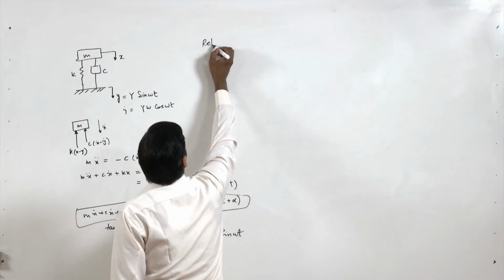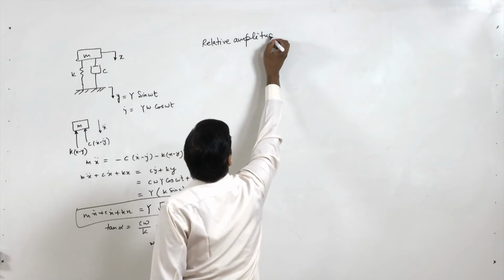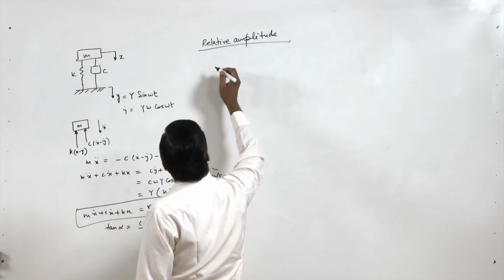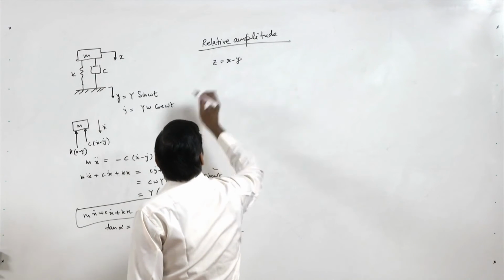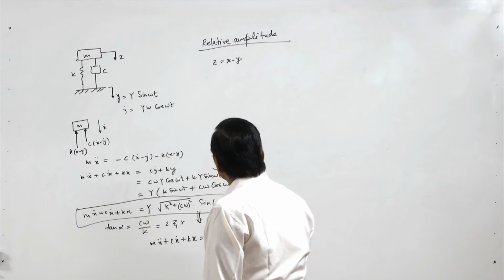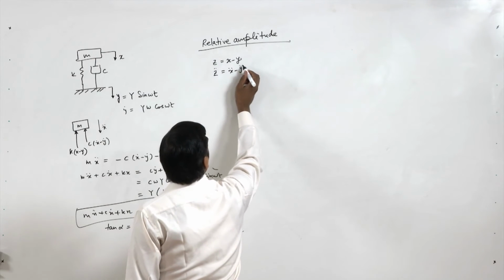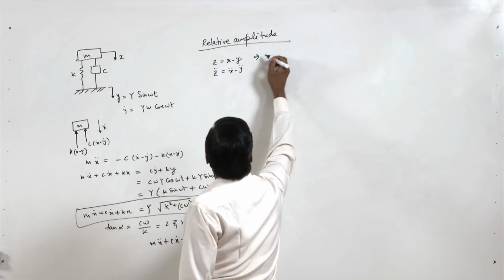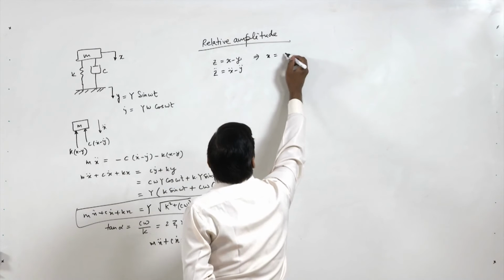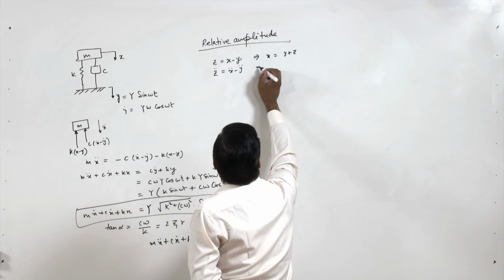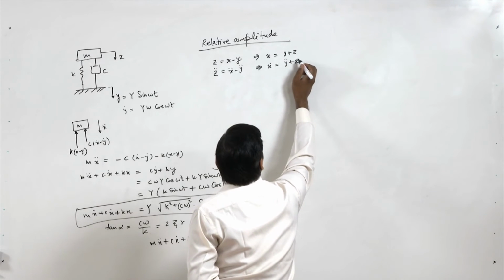Let's assume that z equal to x minus y. It means that z double dot equal to x double dot minus y double dot, and from here we can write x equal to y plus z and x double dot equal to y double dot plus z double dot.